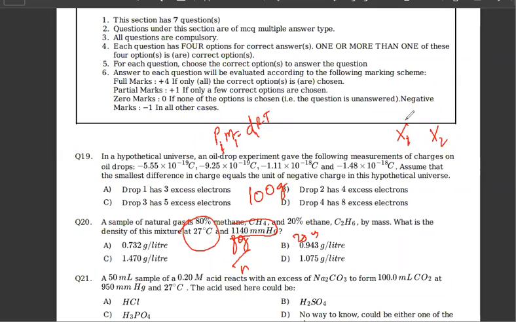Mole fraction is given, total pressure is given. Can you find the partial pressure? Yes or no? So you can just use the formula PM equal to dRT and calculate the density.